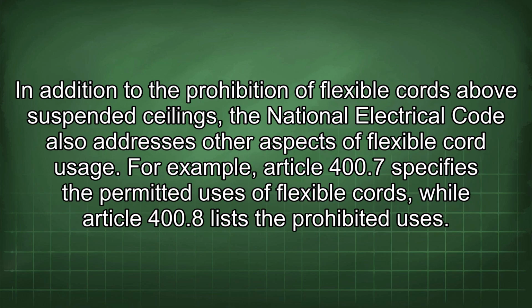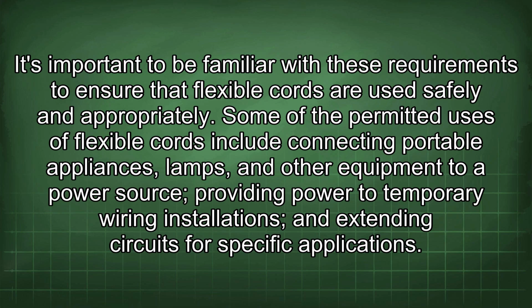In addition to the prohibition of flexible cords above suspended ceilings, the National Electrical Code also addresses other aspects of flexible cord usage. For example, Article 400.7 specifies the permitted uses of flexible cords, while Article 400.8 lists the prohibited uses. It's important to be familiar with these requirements to ensure that flexible cords are used safely and appropriately.